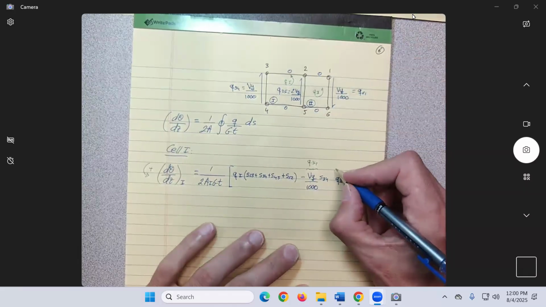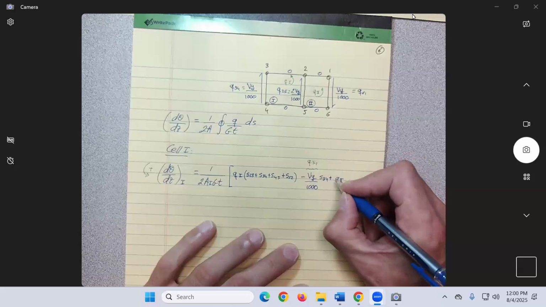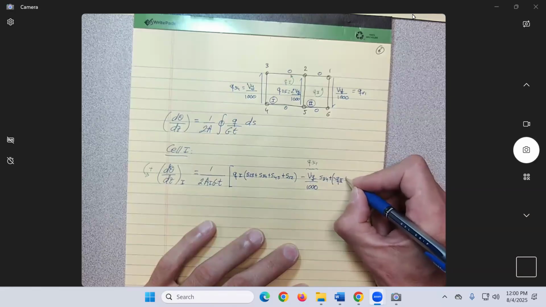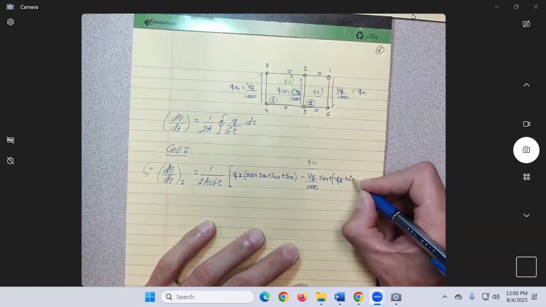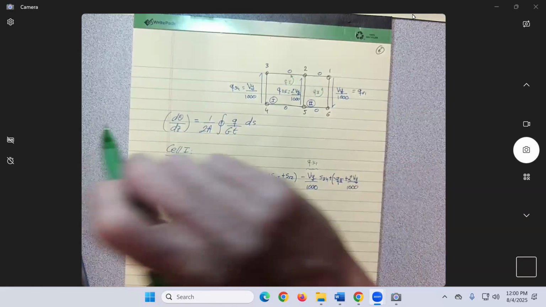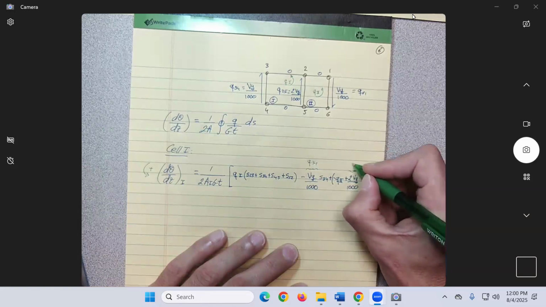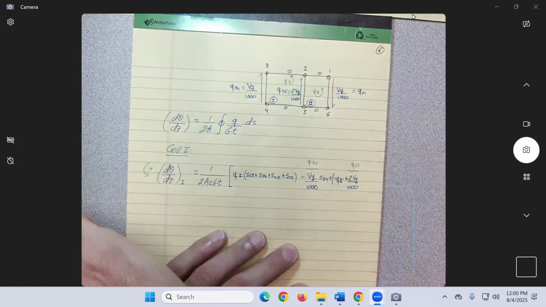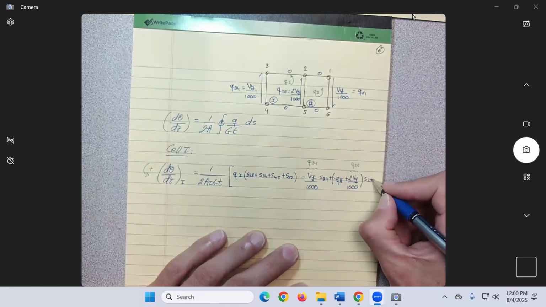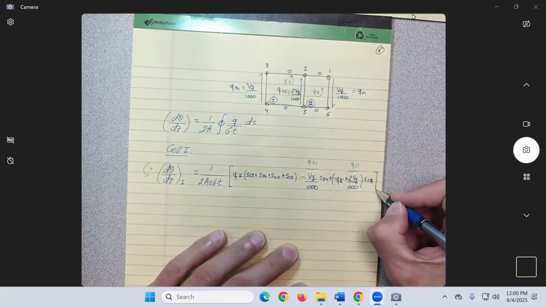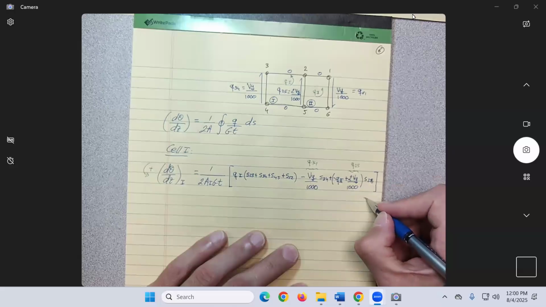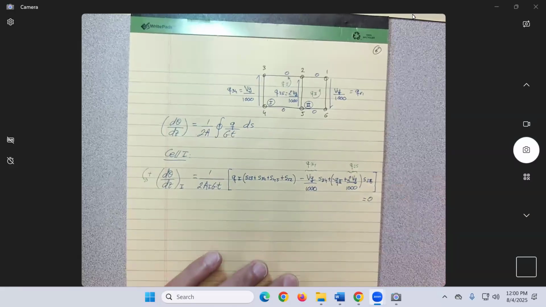So here I could put plus, otherwise I'm gonna have to rewrite it, minus Q2 plus 2 Vy over 1000, which is really Q25, and these 2 times S25. And this should be equal to 0, no?